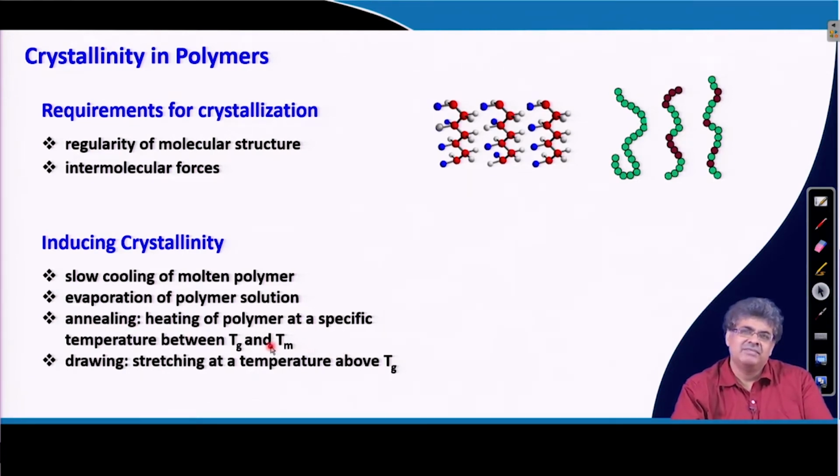Polymers will have enough mobility because it is above Tg, but will have a tendency to crystallize because it is below Tm. Hence, if we give enough time and mobility, and the tendency to crystallize is there in the polymer sample, then by annealing we can induce crystallinity.